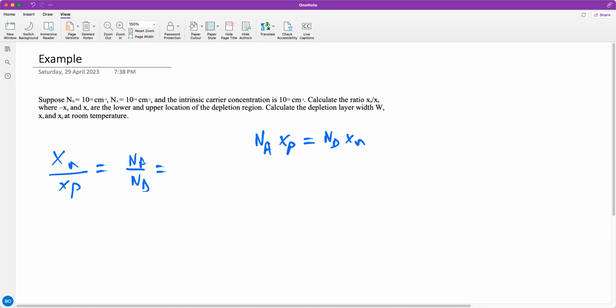Now remember here in this equation, for example, in this exercise, it is in cubic centimeters. So the number of acceptors is 10 to the power 14, and then 10 to the power 18. Okay, so this will give you, I'm just thinking, so this is meters.